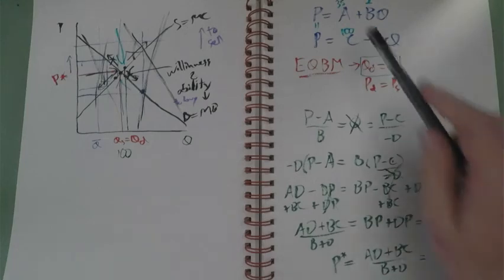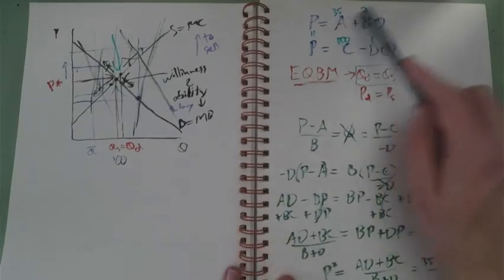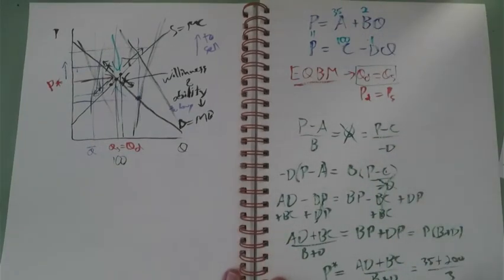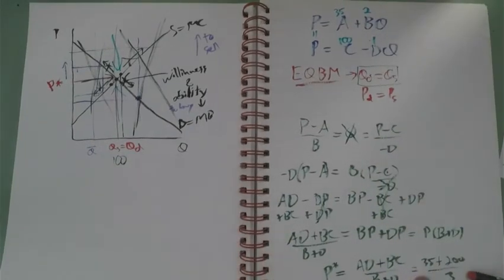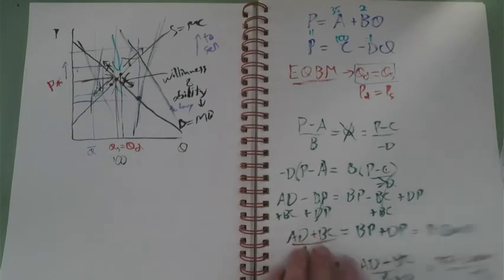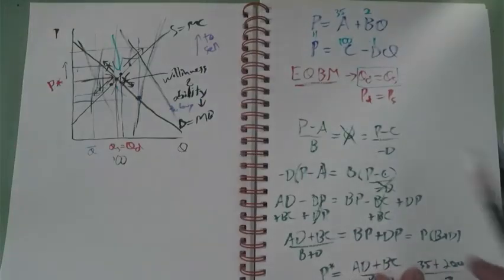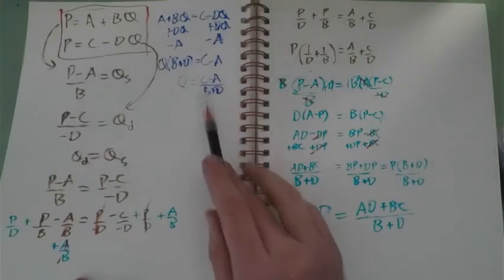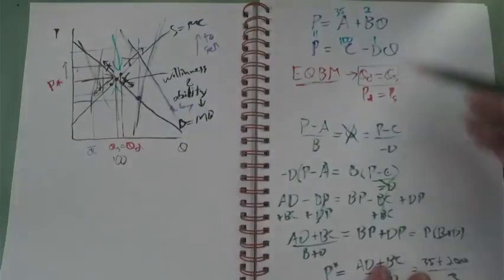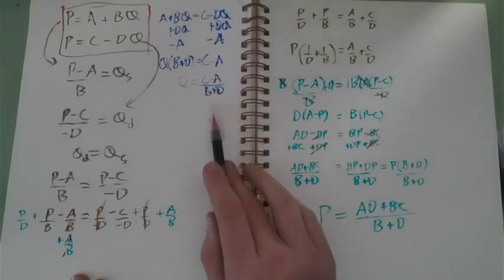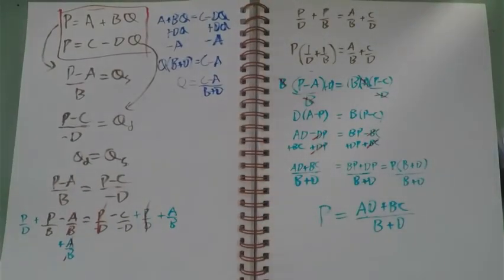And so for these specific numbers, 3, 2, 100, and 1, our P star should be 235 over 3. And our Q should be C minus A, which is 65, over B plus D, which is 3. So 65 over 3 should be our Q.